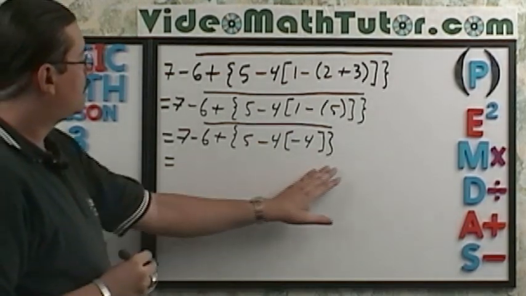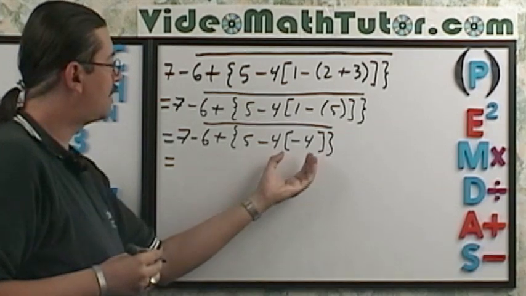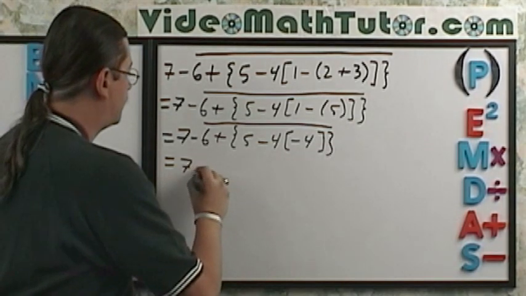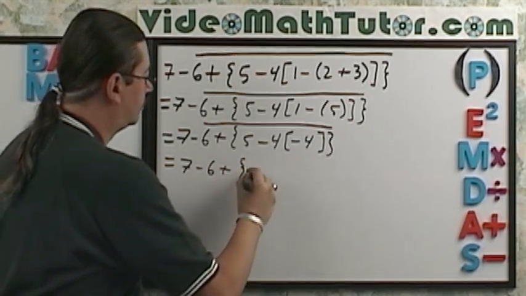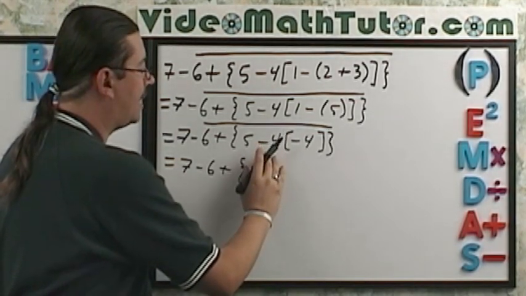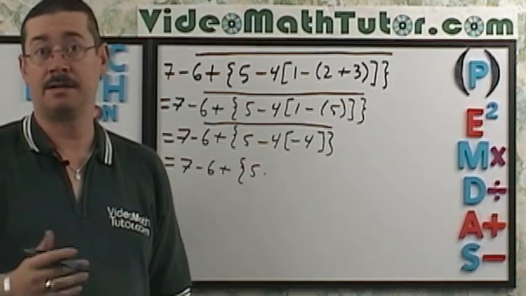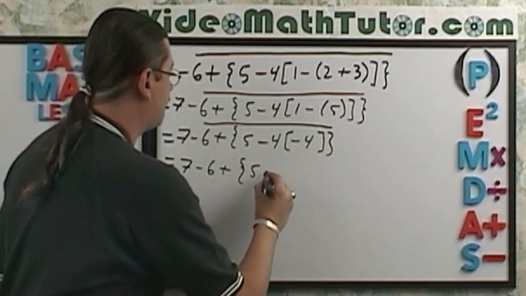And looking at this, we have this multiplication. That's implied multiplication with subtraction. That's first. So think of this as -4 times a -4 is positive 16.